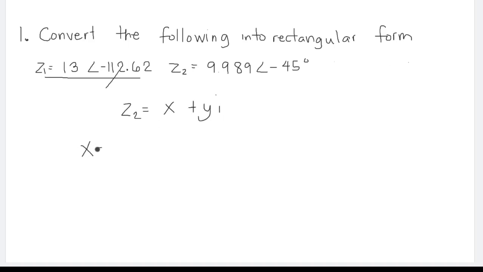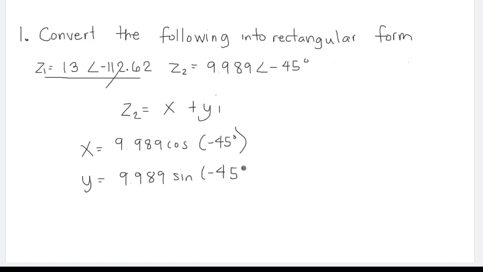So for x, that is 9.989 cosine of negative 45 degrees. And for our y, that is 9.989 sine of negative 45 degrees.